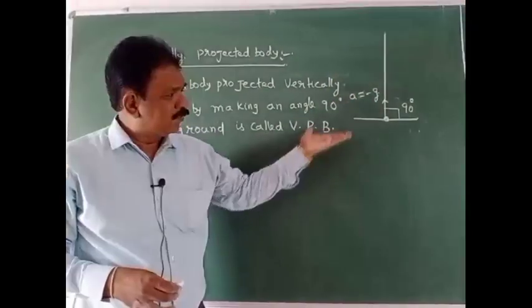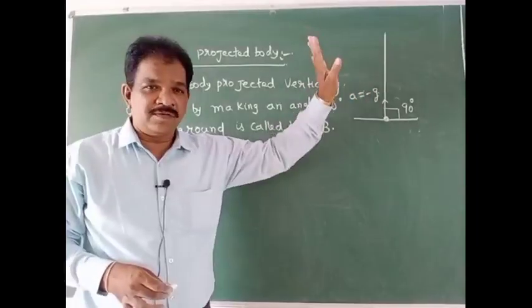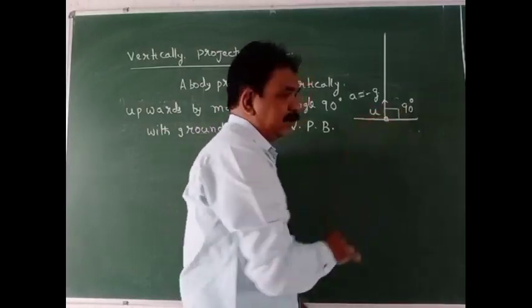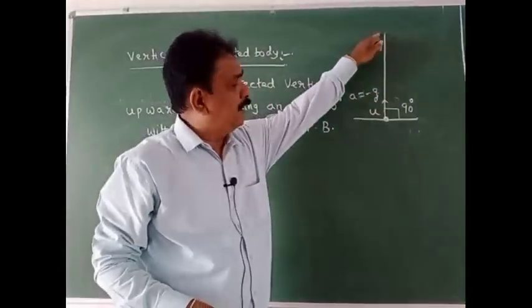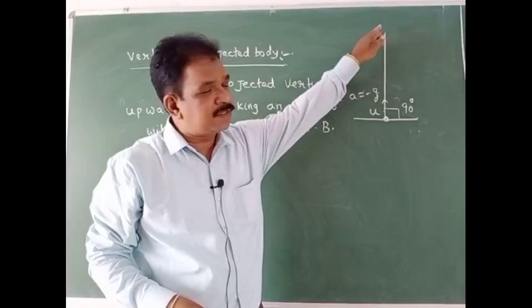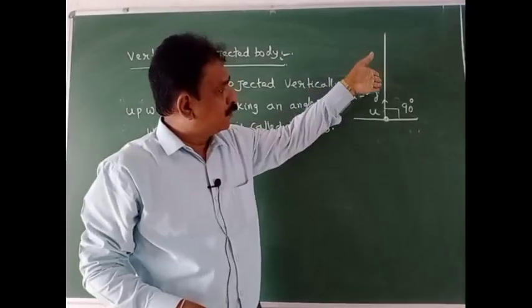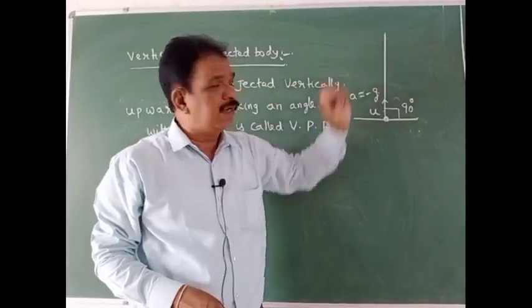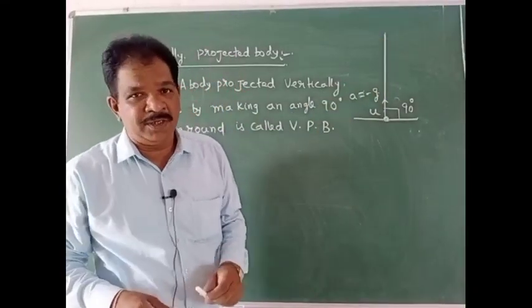Just if you substitute that, it is enough. Remaining, it will have initial velocity. If it reaches maximum height, then only its final velocity becomes 0. In this motion, the body has still not reached the highest point.